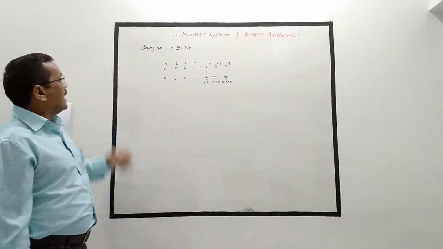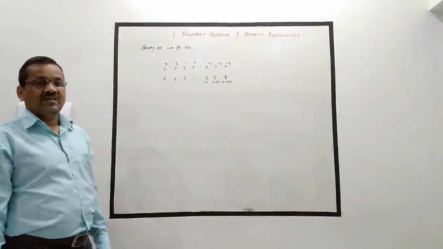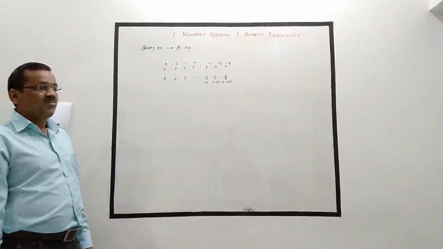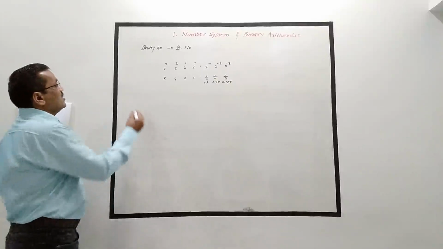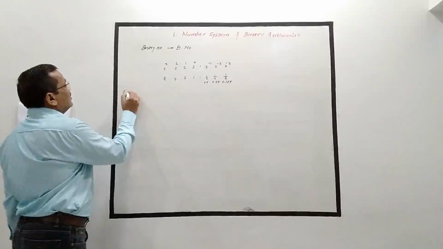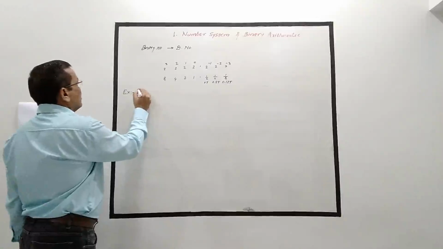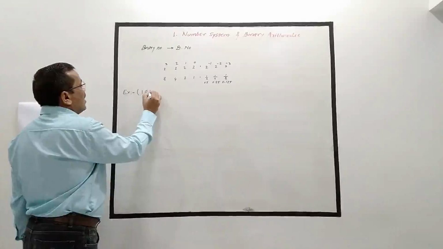To understand binary to decimal conversion, let us consider one example, and with the help of that example one can easily understand the conversion process. So example, 1 0 1 0.